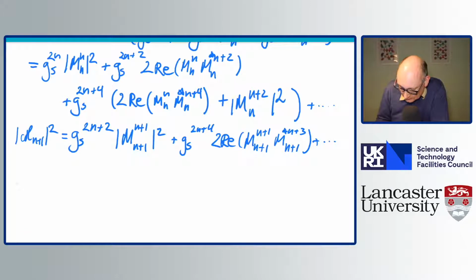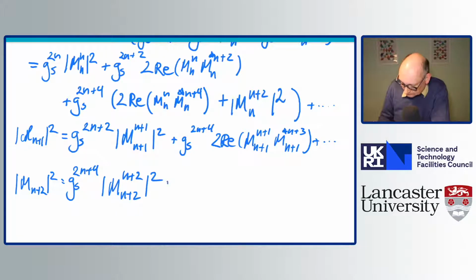And again, there will also be a contribution where we have two soft emissions, which would be gs to the 2n plus 4 times M n plus 2, n plus 2 squared.